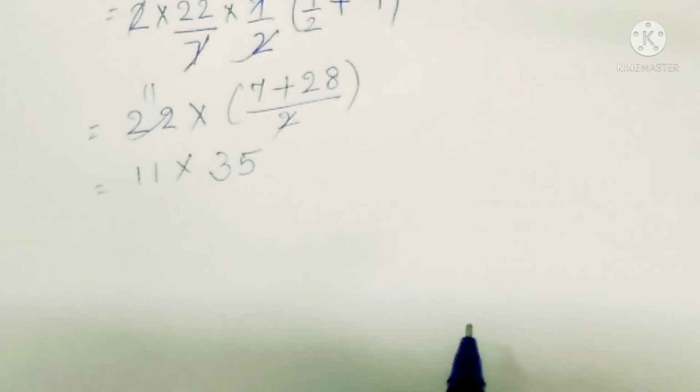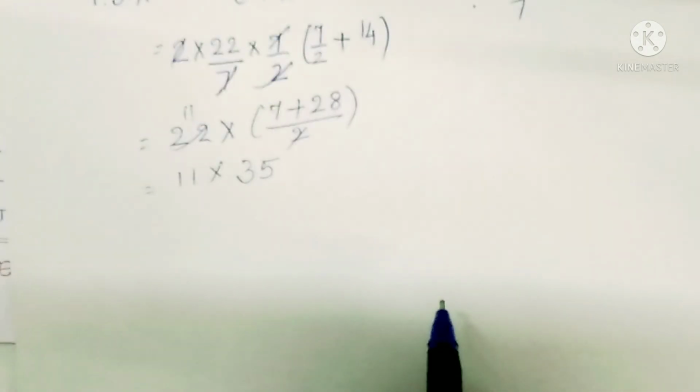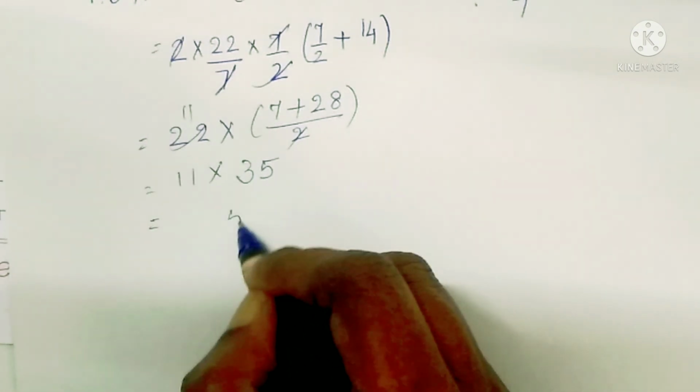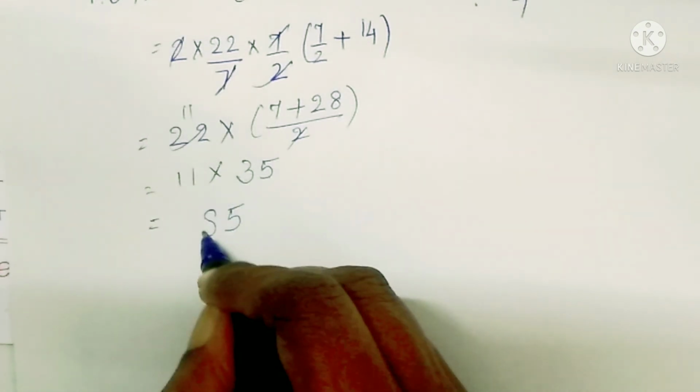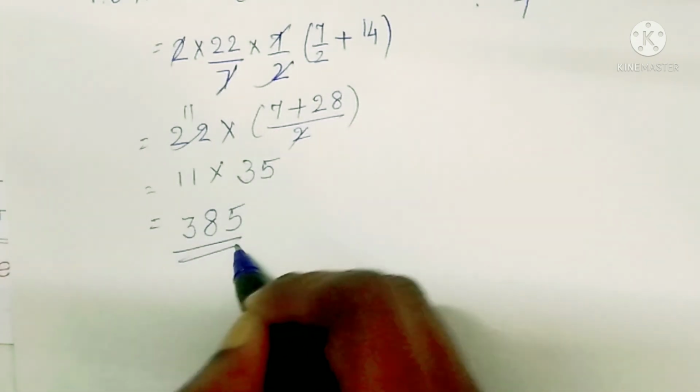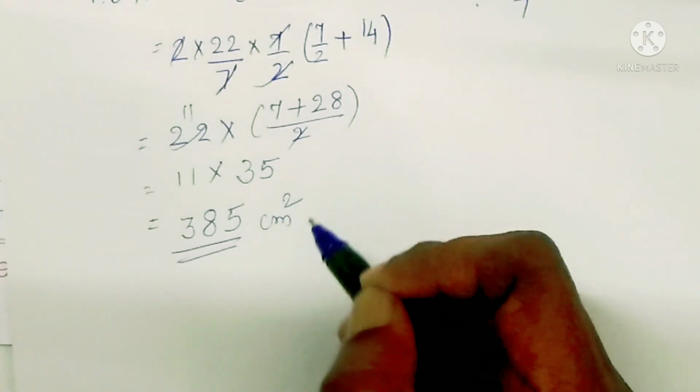Now when you multiply 7 into 11 into 35, what will you get? 5 plus 3, 8 and 3: 385 centimeter square.